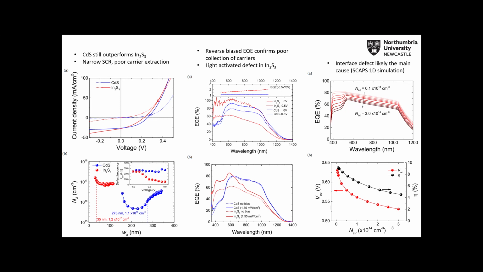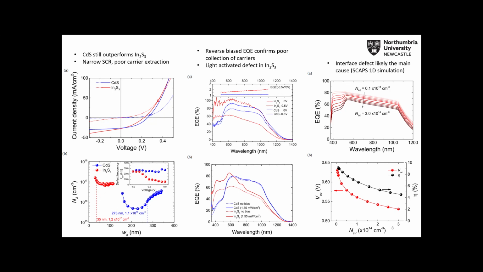The first one is the indium sulfide layer results in a very narrow space charge region, which in turn reduces your carrier extraction. We can see here the carrier concentration as a function of depth in our device, and we can see that very narrow space charge region here. The increase in carrier concentration does not help here because it is such a very narrow depletion width.